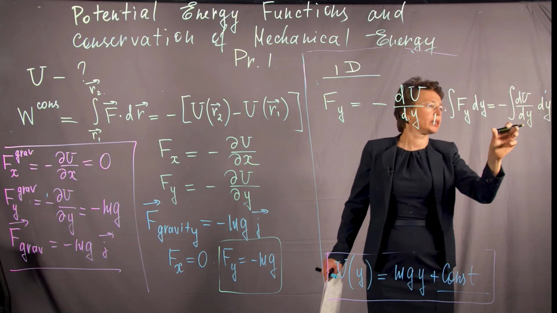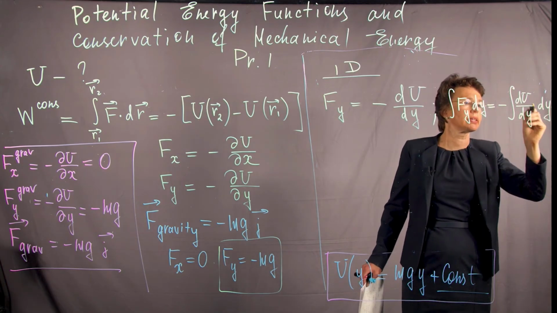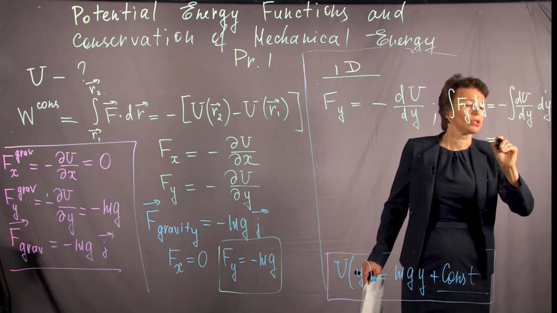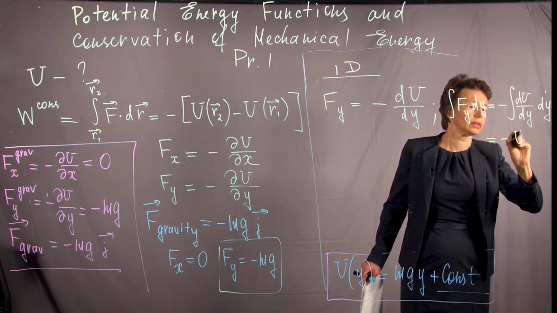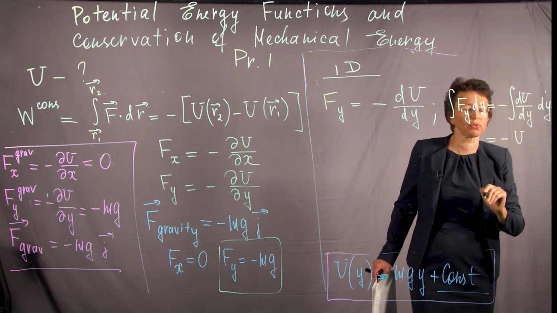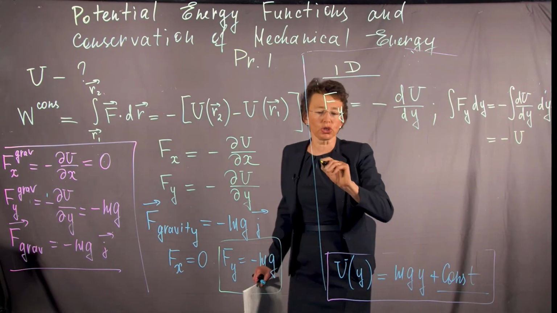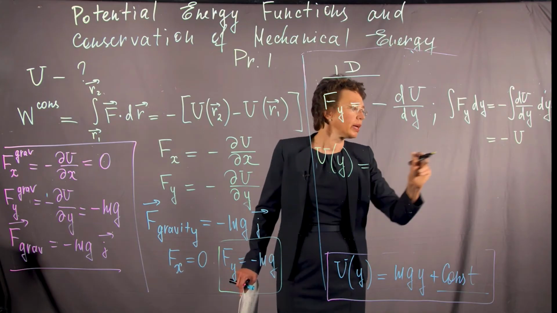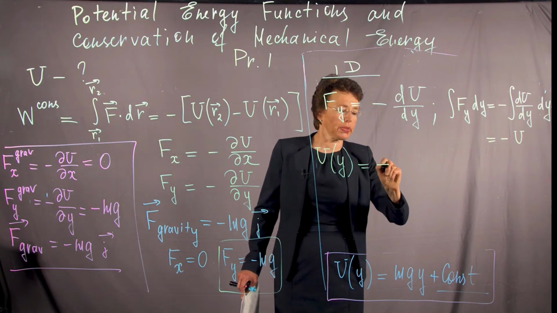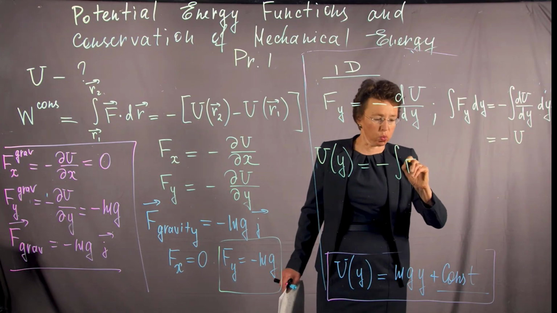Now, what is the right-hand side? This is antiderivative, so this is equal to minus u as a function of y. So u as a function of y is equal, I bring minus to another side of equation, minus integral Fy dy.